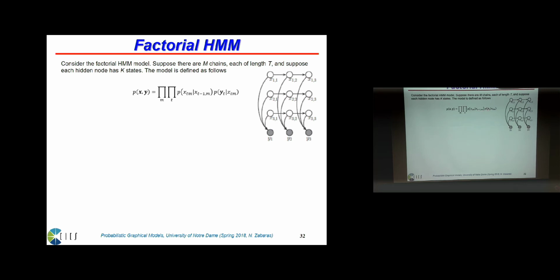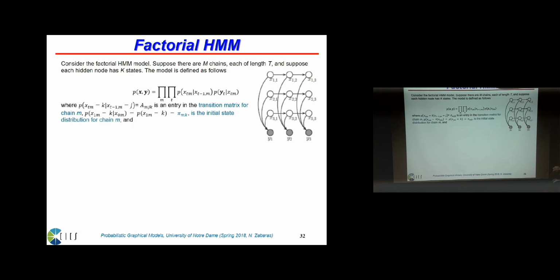And you notice there is a coupling here, which I'm going to show you explicitly, because y_t depends on all these states x_t^m. This is a product, the joint likelihood is a product over the chains and all the time instances t.